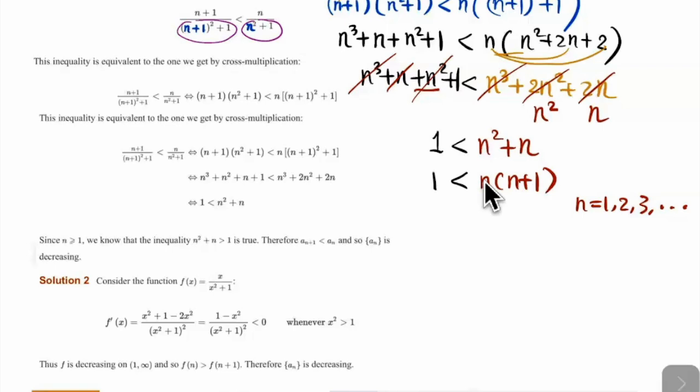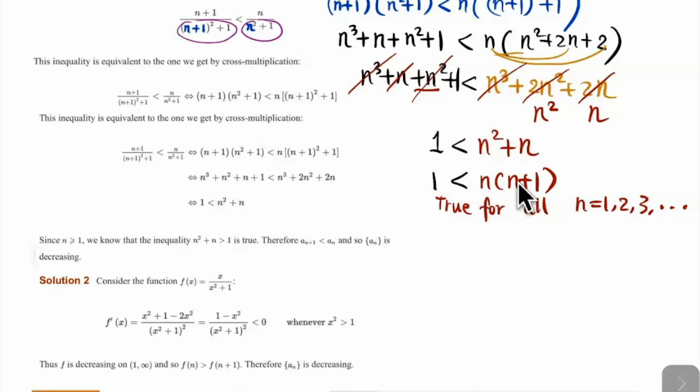So you have 1 times 1 plus 1, which is 2. But as n gets bigger, this will be bigger than 2. So is this true for all n? Yeah, it's true for all n, because n is 1, 2, 3, etc.